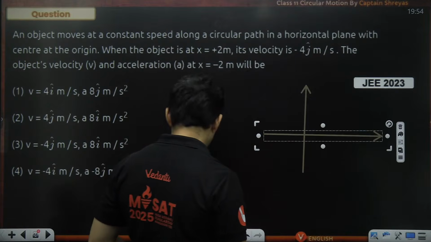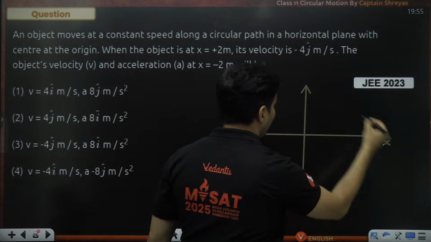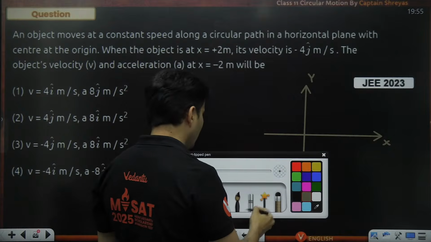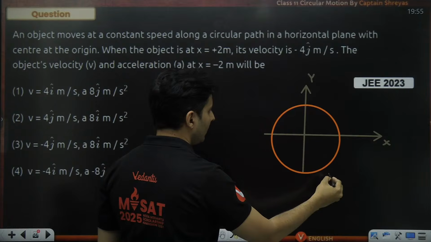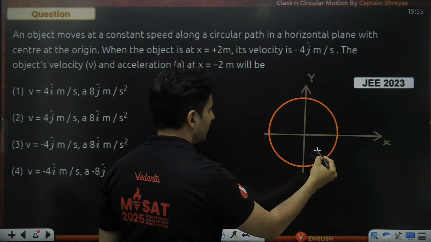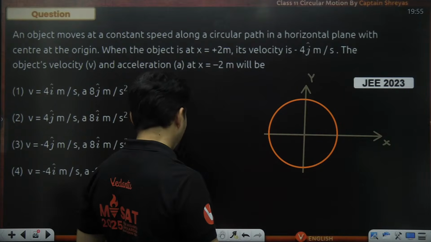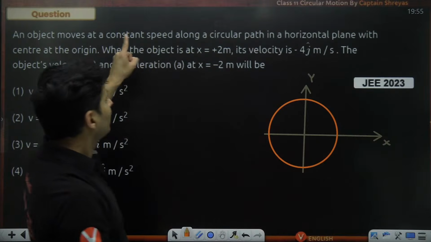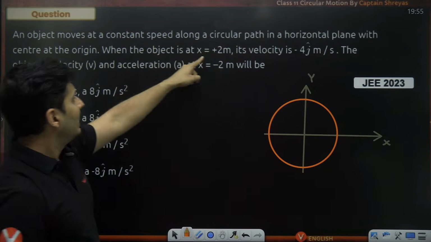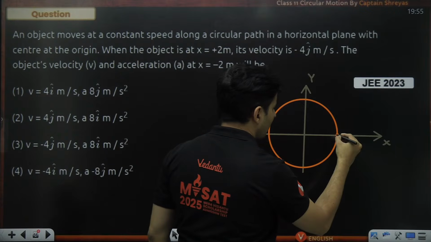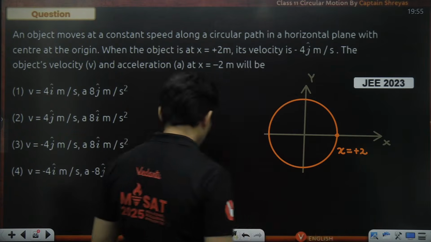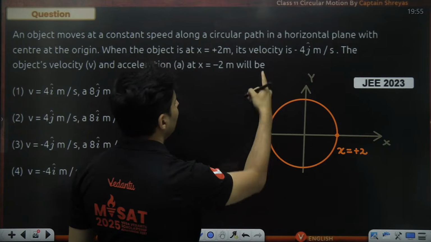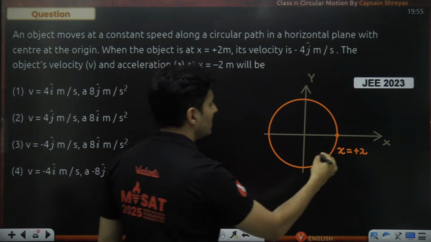So this is the x and y axis for us. The particle is going in a circular path. So let me draw that circle. It is like this with the center at the origin. Okay, perfect. When the object is at x equals +2, so this is x equals +2, then it is known to me the velocity is -4 j cap.